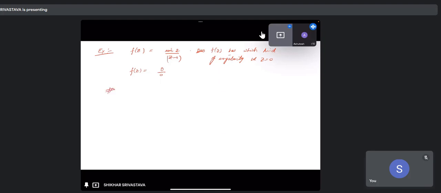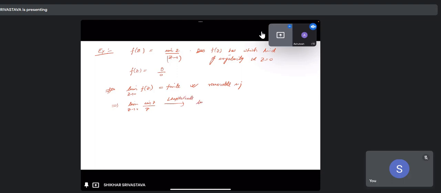Either you can use the first formula, the limit as z tends to 0 of f(z). You find this, and if it comes out to be some finite value, then it has a removable singularity. If you do the limit as z tends to 0 of sine z by z, it is a 0 by 0 form, so you can apply L'Hopital's rule. You all must be familiar with L'Hopital's rule.